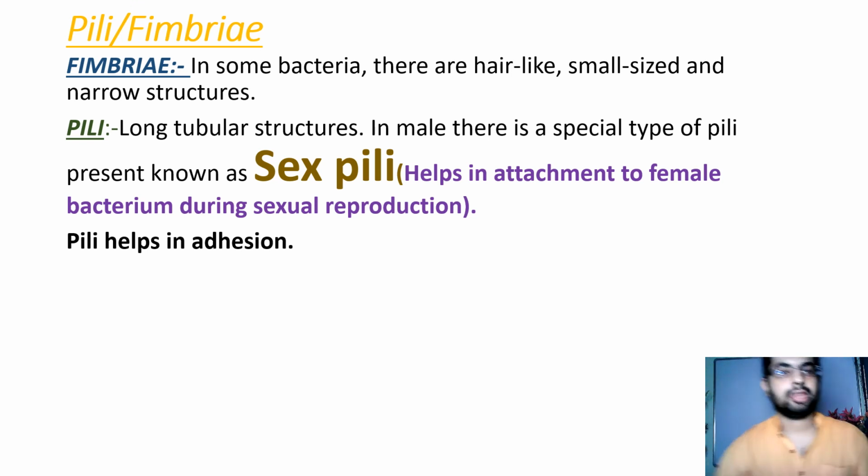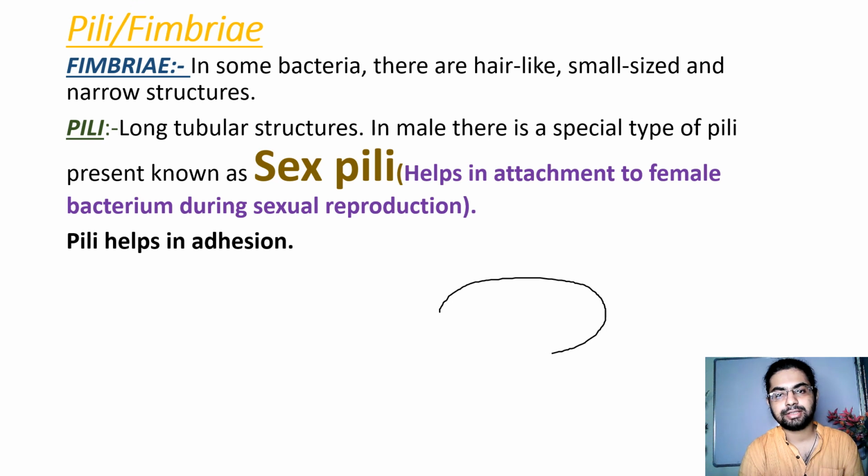Now Pili or Fimbriae. If this is a bacteria, there are hair-like, small sized and narrow structures present. These are known as Pili or Fimbriae.